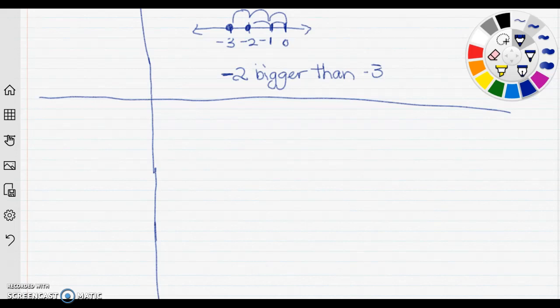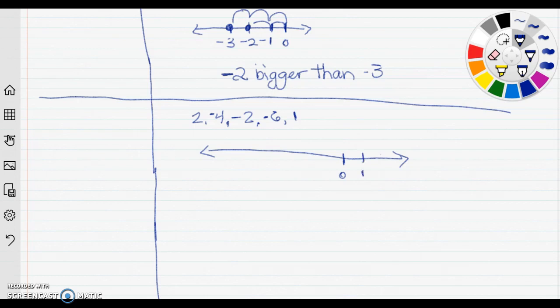Okay, so my numbers are going to be 2, -4, -2, -6, and 1. All right, so let's draw our number line. I'm going to put the 0 over here because I have more negative numbers than positive ones.